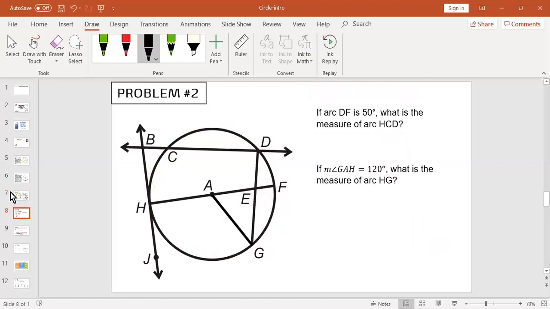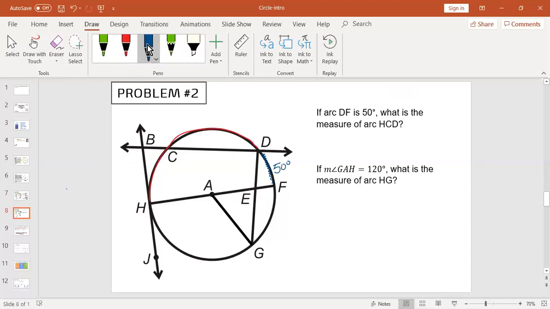All right. So again, having these relationships is important. My first question on problem 2 says if DF is 50, so DF, that's this piece here, what is the measure of arc HCD?